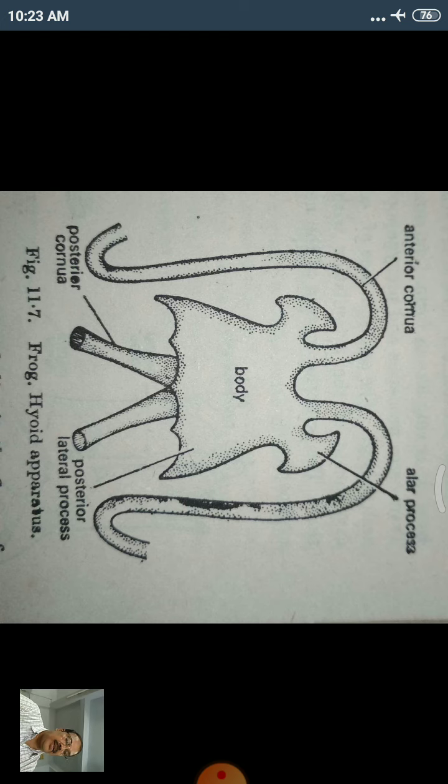They curve backwards and join the auditory capsules. Posteriorly is a pair of strong bony posterior cornua, between which lies the glottis. The hyoid lies in the floor of the pharynx. This is something about hyoid apparatus.